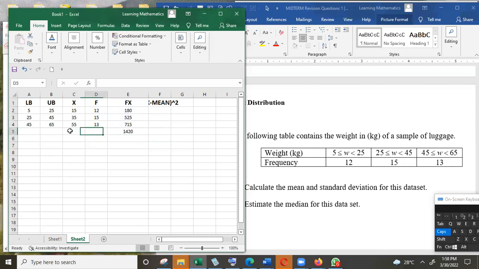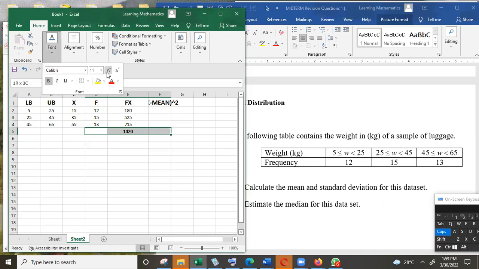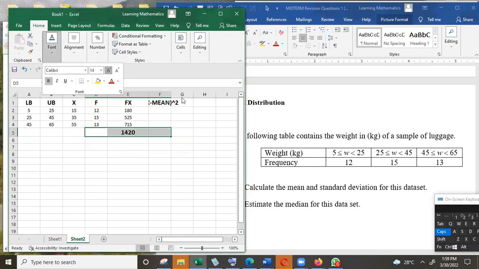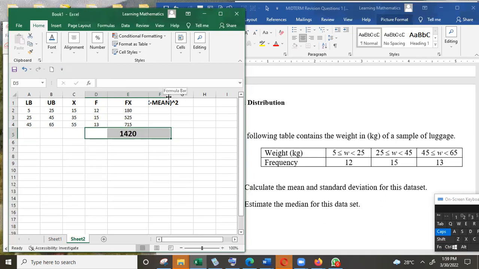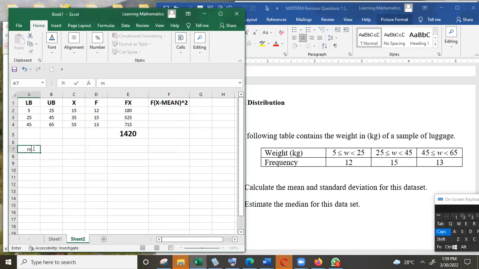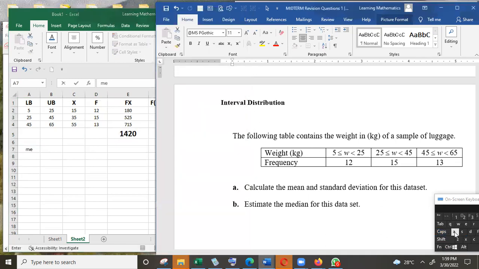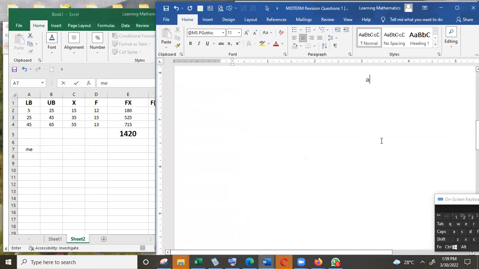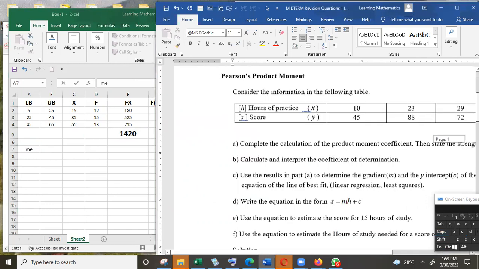Okay, so we can increase the font of this, and we can adjust the width of this, right? So now we can find our mean now. Mean is equal to, all right, we want to find the mean.